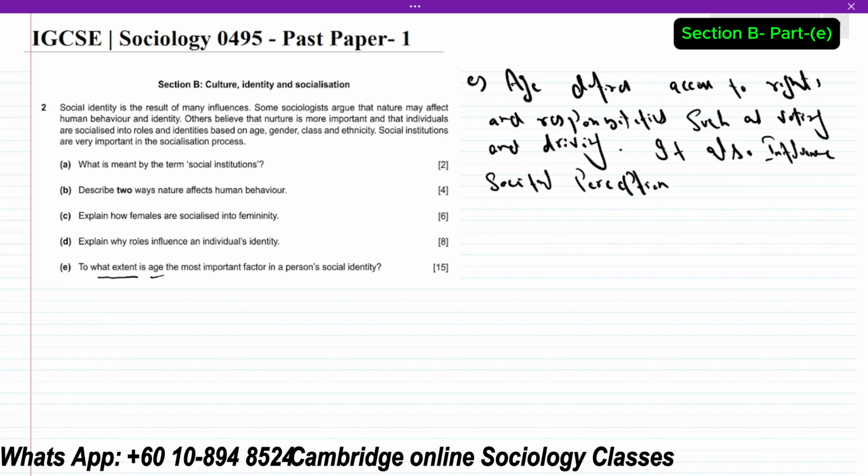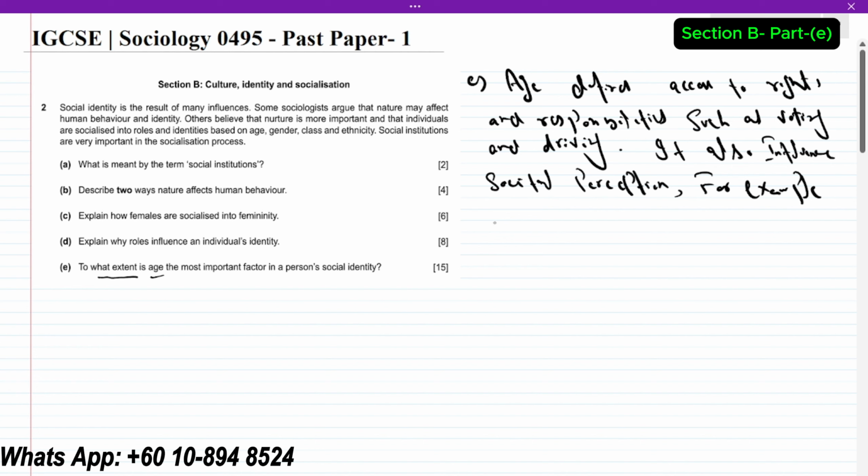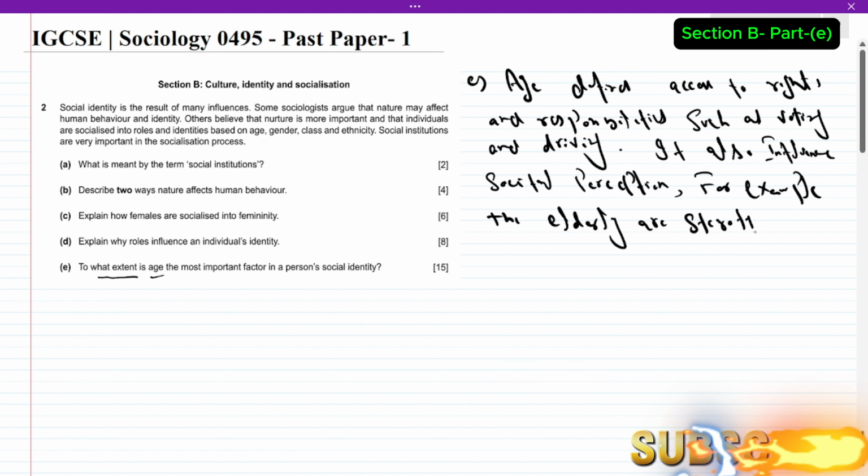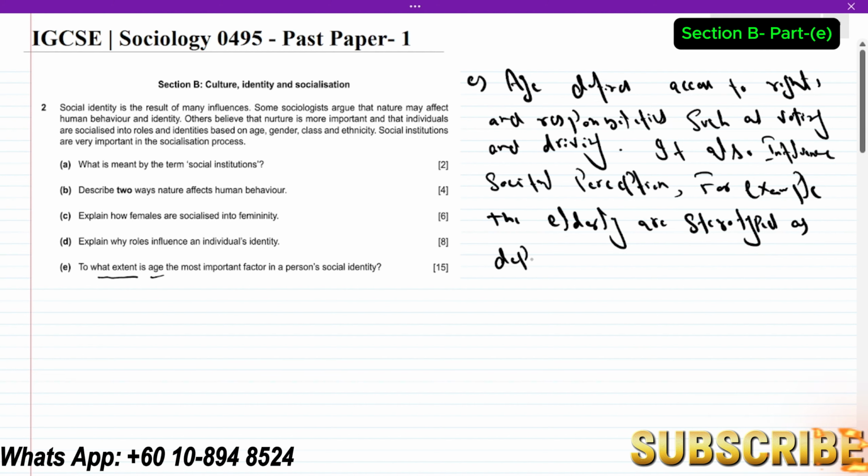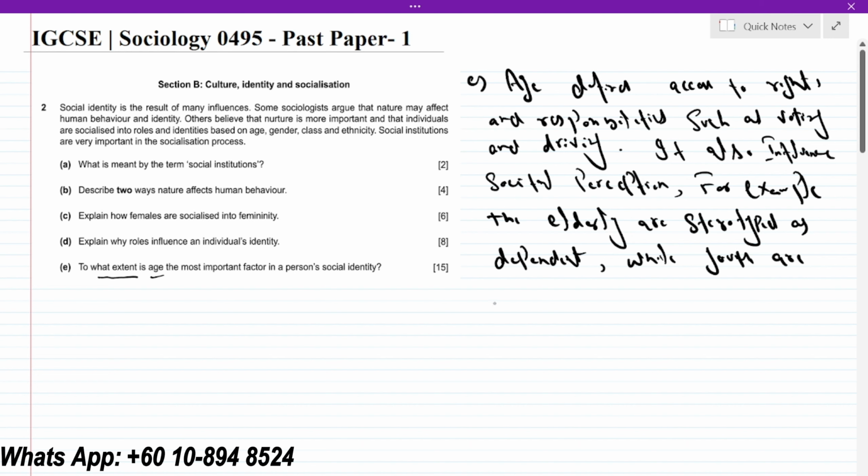It influences societal perception. For example, the elderly are stereotyped as dependent, while youth are associated with rebellion and experimentation.